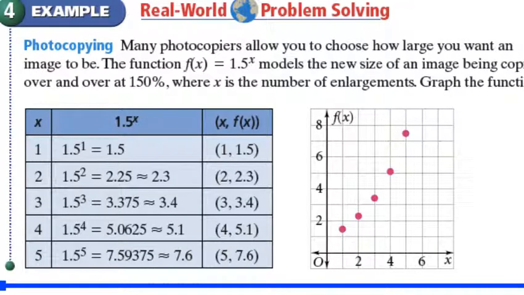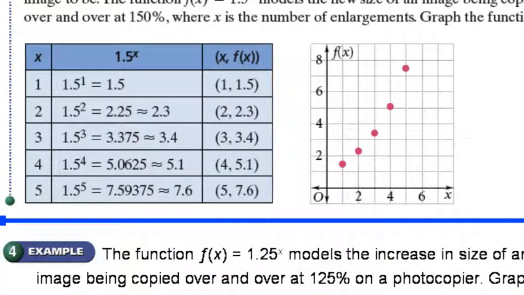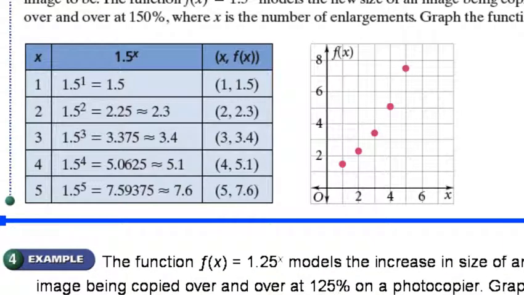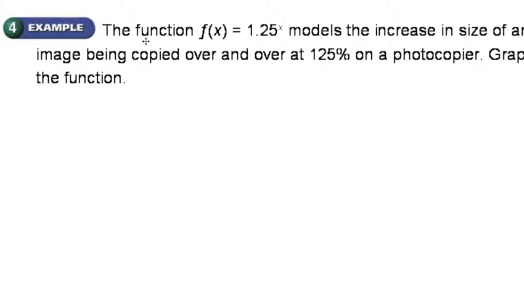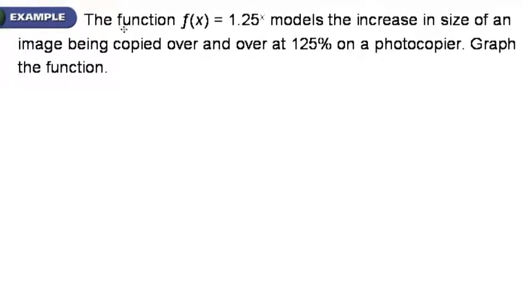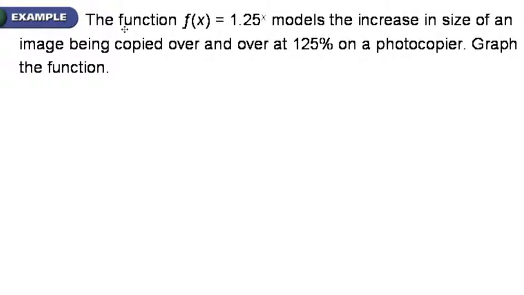Example 4, and this is the last one from this lesson. We have the function f of x equals 1.25 to the x, which models the increase in size of an image being copied over and over at 125% on a photocopier. Graph the function.